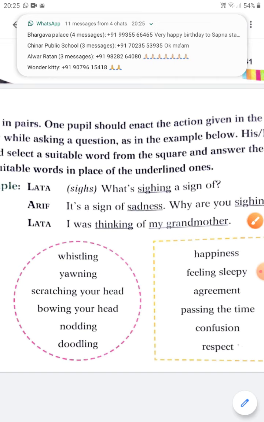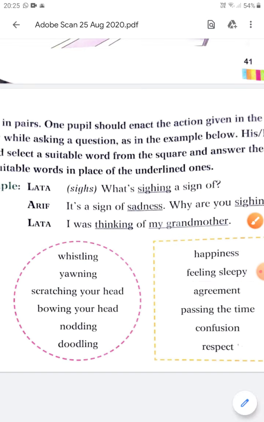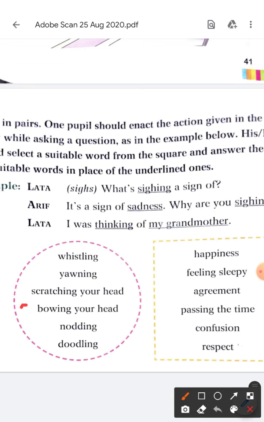So, Arif saying it's a sign of feeling sleepy. But why are you yawning? Lata saying, I'm tired. So, I want to sleep now.